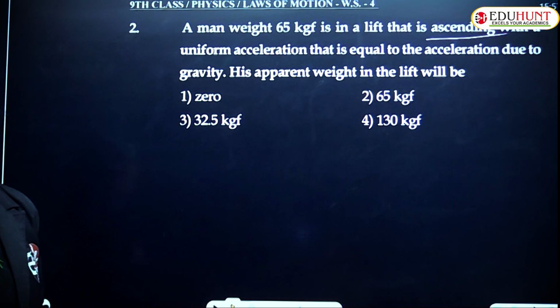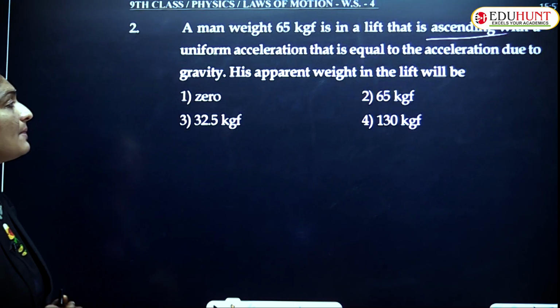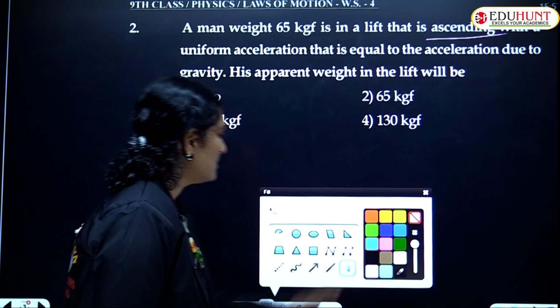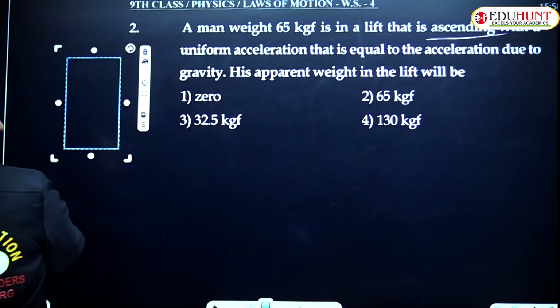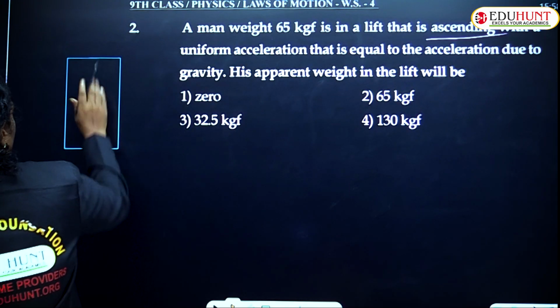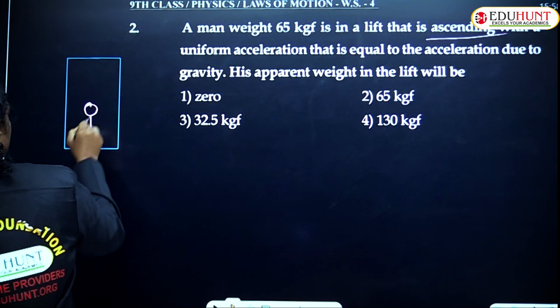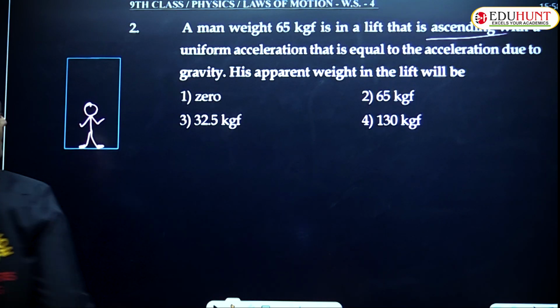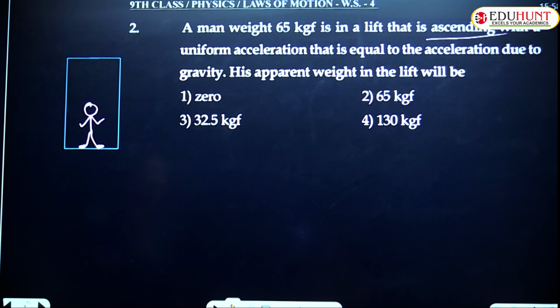The value of a is given as g. His apparent weight in the lift will be. So first of all, this is your lift, and inside the lift again a man is there, a man weighing 65 kg force.